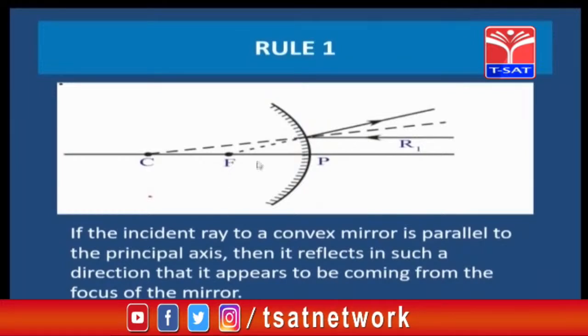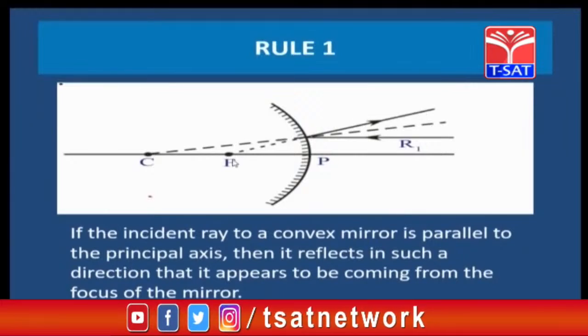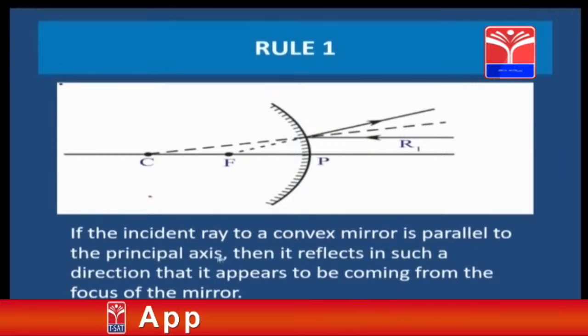So, if the incident ray is parallel to the principal axis, after reflection it goes in such a direction that it appears to be coming from the focus of the mirror.